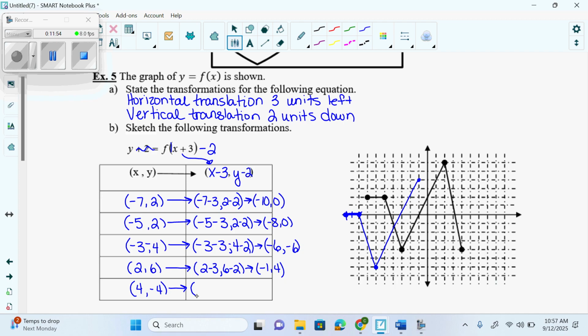It's going to become 4 minus 3, comma, negative 4 minus 2, which is 1 and negative 6. And that looks like it's 3 left, 2 down.